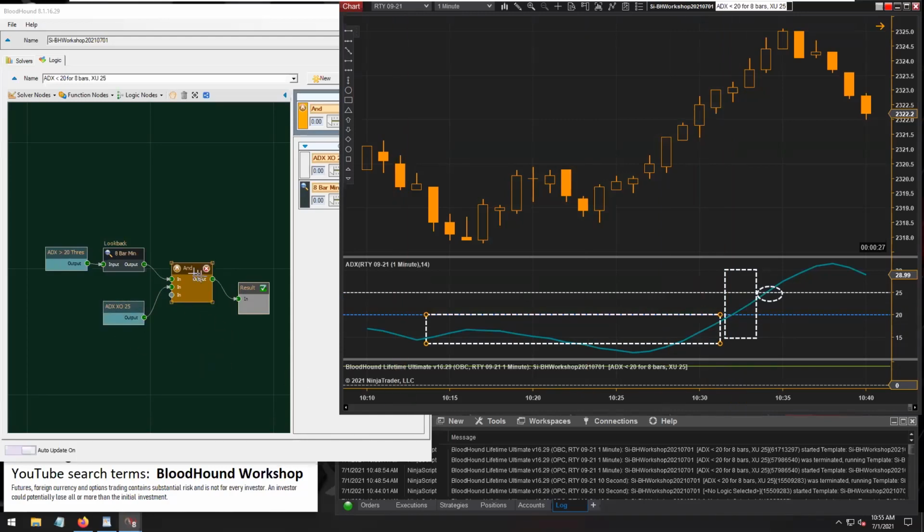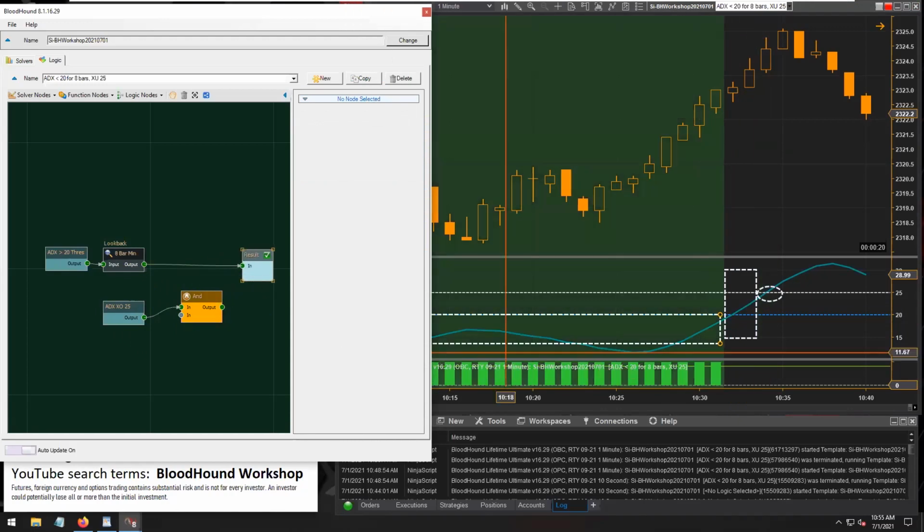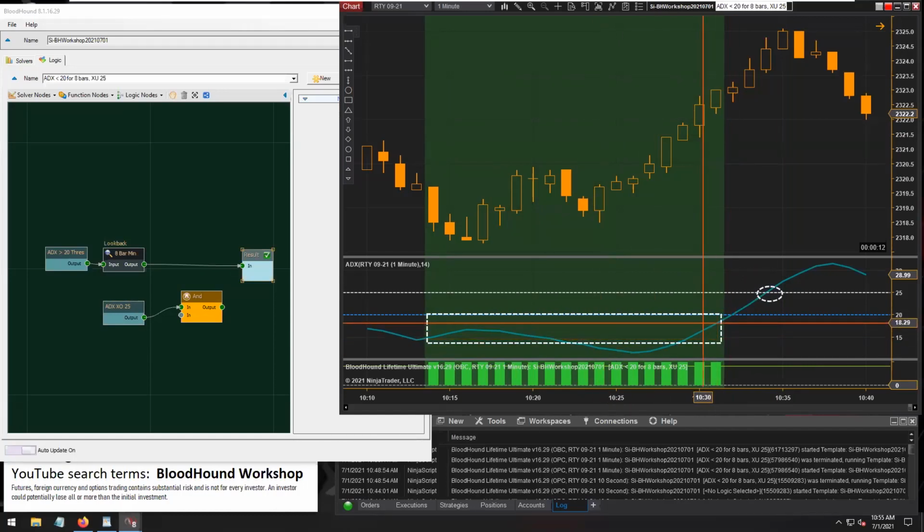So what we need to do is extend this back here forward until we get our crossover condition there.